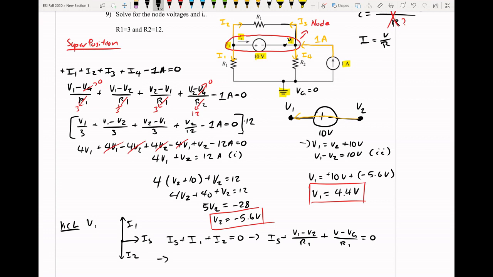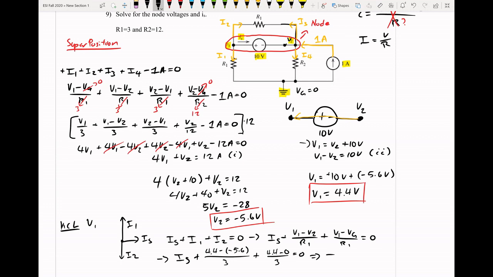So IS plus V1, which is 4.4, minus V2, which is negative 5.6, over R1, which was 3, plus V1, which is 4.4, minus 0 over 3, equals 0.